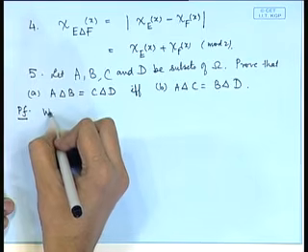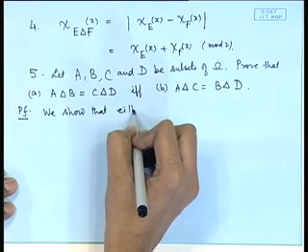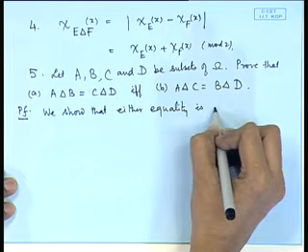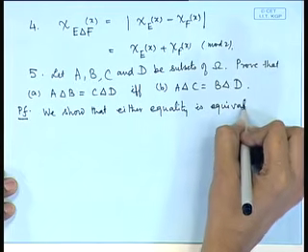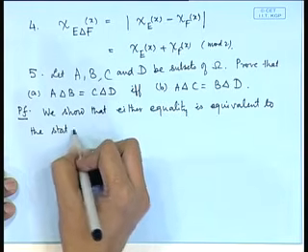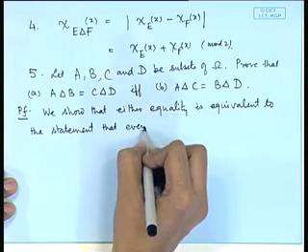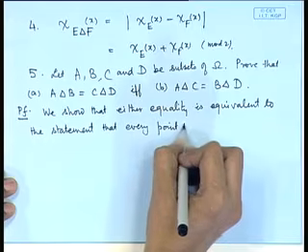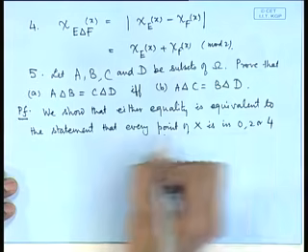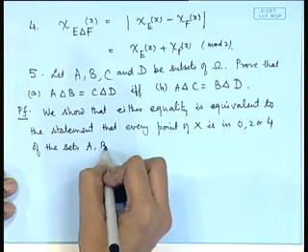We show that either equality is equivalent to the statement that every point of x is in 0, 2 or 4 of the sets A, B, C, D.